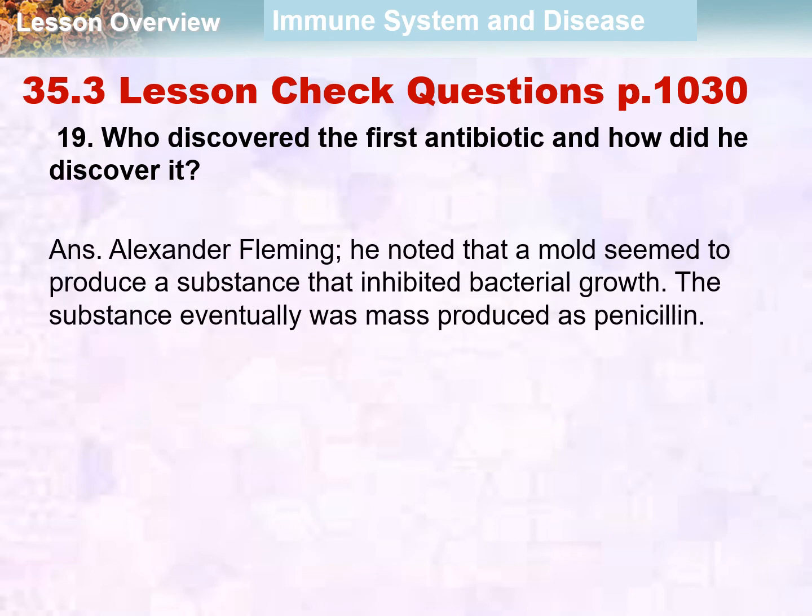So for our answer, Alexander Fleming was the first one to discover antibiotic. He noted that a mold seemed to produce a substance that inhibited bacterial growth. The substance eventually was mass produced as penicillin.